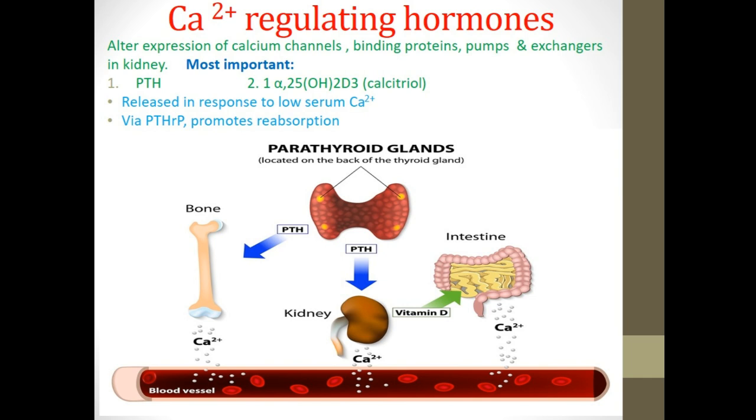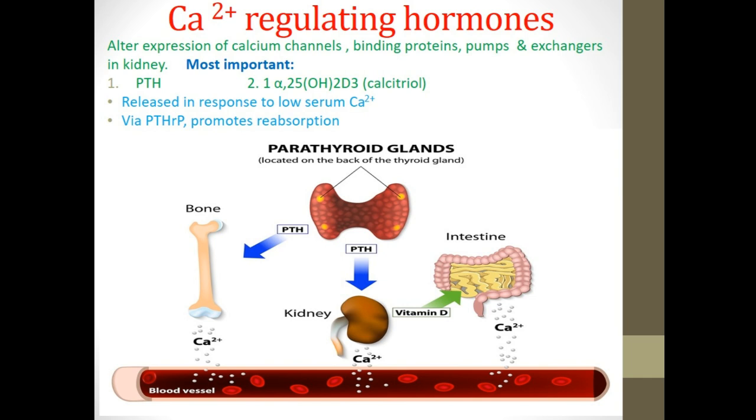So you see the role of PTH. PTH is acting on bone, because the calcium level in the blood is very low now. That is the scenario, that is the condition. This is the blood vessel, the red colored one. You have RBC cells, red blood corpuscles, inside the blood vessels. So now the condition is a low level of calcium in the serum. At that time the parathyroid gland secretes PTH, parathyroid hormone.